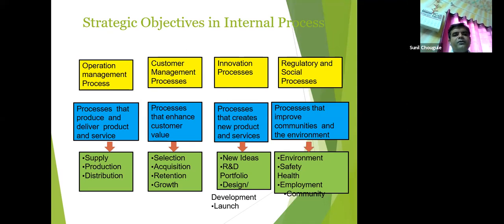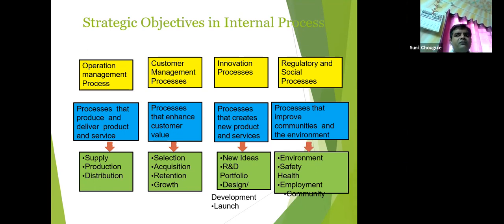This operation management process is part of the internal process, which is part of the balanced scorecard. Now, these are processes that produce and deliver products and services. We have seen actual product manufacturing when we visited as students on an industrial visit.